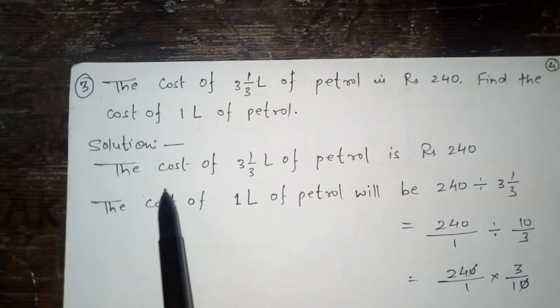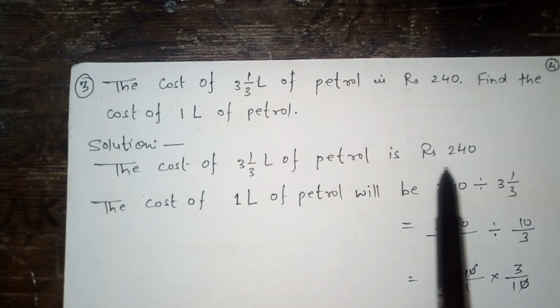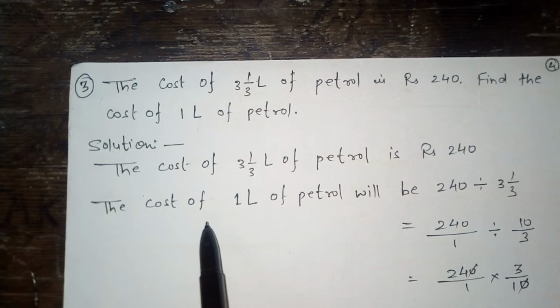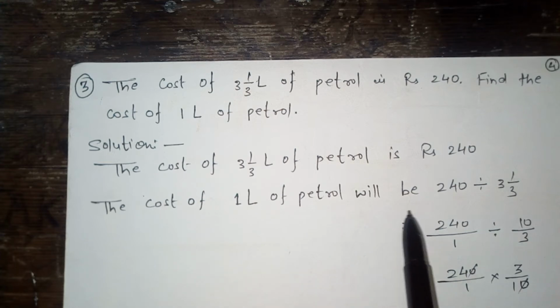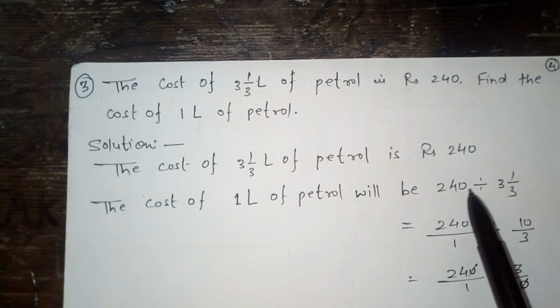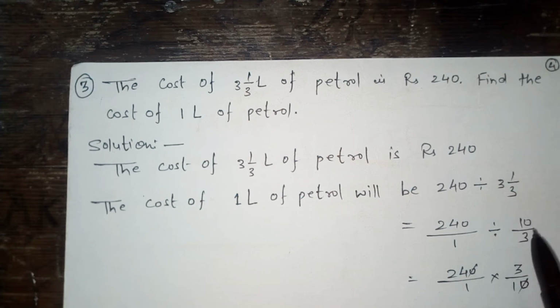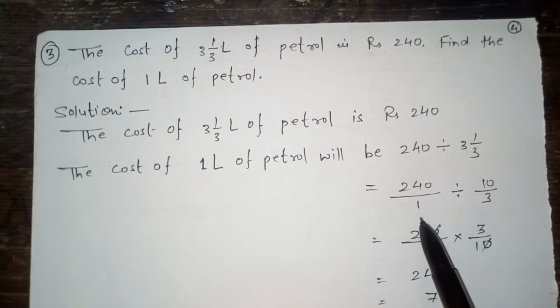So my dear student, according to the question, the cost of 3 and 1 upon 3 liter of petrol is rupees 240. So the cost of 1 liter of petrol will be, all these questions depend on the unitary method, 240 divided by 3 and 1 upon 3. 240 we can write in the form of 240 upon 1.